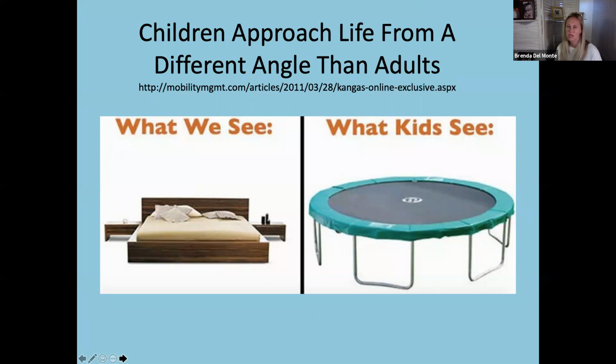We see this as a bed, they see this as an area to move and jump. You may see a stack of cups and they see that as an opportunity to knock something down. You see it as a Cheerio and they throw it on the ground and watch you pick it up, and they see it as a game, right? Movement is involved in all of that.